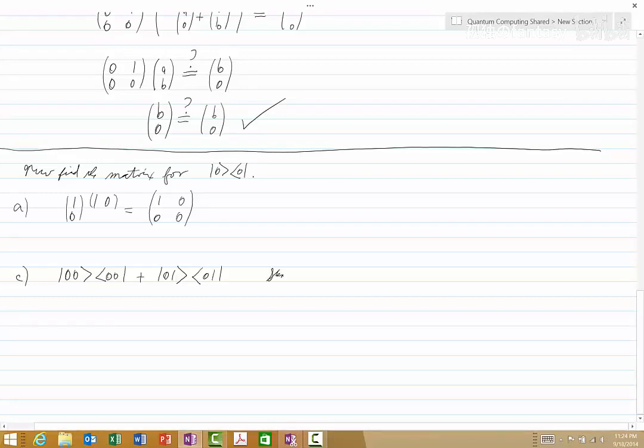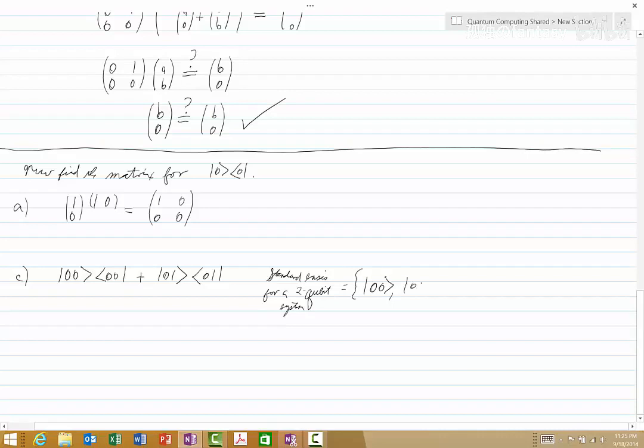So the standard basis for a 2-qubit system, well, I think you probably know what this is. The first one is |00⟩.